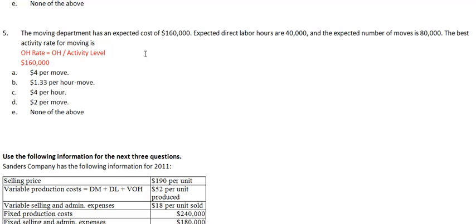Then we have to use some of our common sense to figure out what would be the best activity level to use. Basically, your choices, you could either use direct labor hours or you could use number of moves. Since you are dealing with moving cost, the most sensible thing to use as your cost driver would be number of moves, which is 80,000. So that's going to give you a rate of $2 per move.